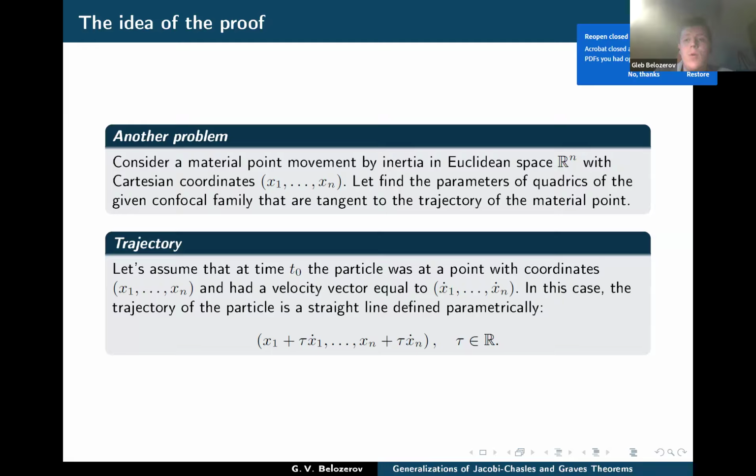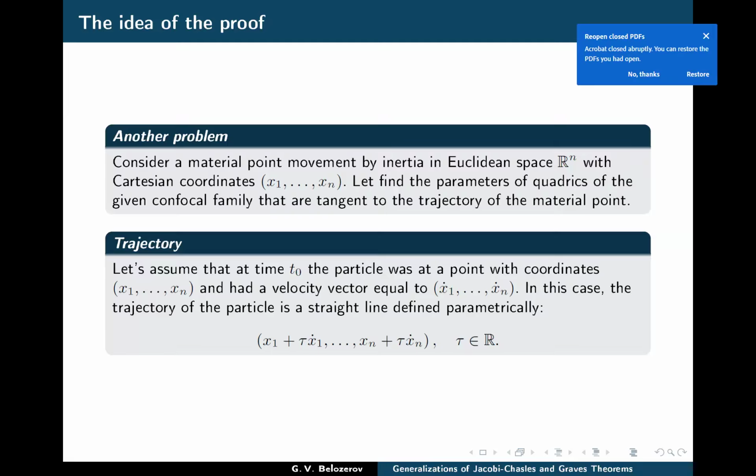Let's find the parameters of quadrics of the given confocal family that are tangent to the trajectory of the material point. Let's assume that at time t0, the particle was at a point with coordinates x1, ..., xn, and had a velocity vector equal to (x1 dot, ..., xn dot). In this case, the trajectory of the particle is a straight line defined parametrically.